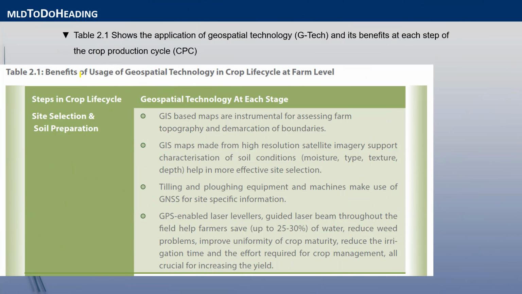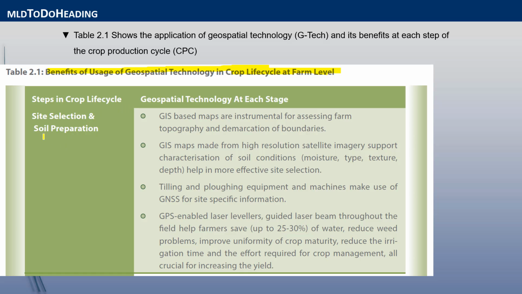Next thing is what are the benefits of usage of geospatial technology in the crop life cycle at farm level. That is, if we use geospatial technology at the farm level in the crop life cycle, what would be its advantages?